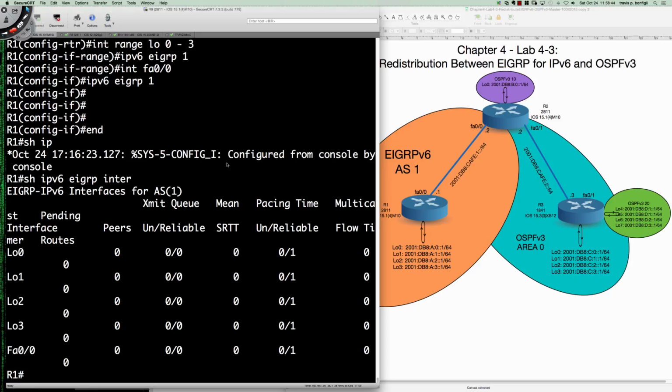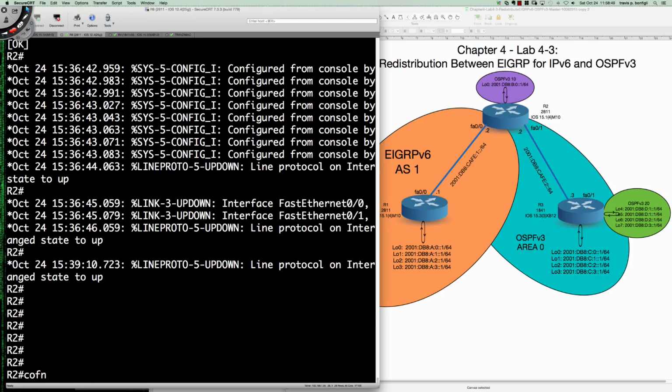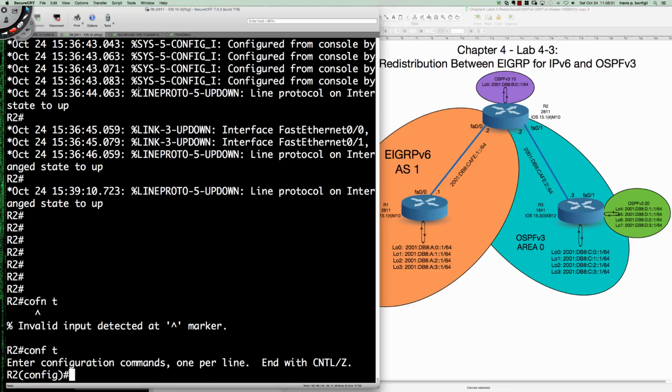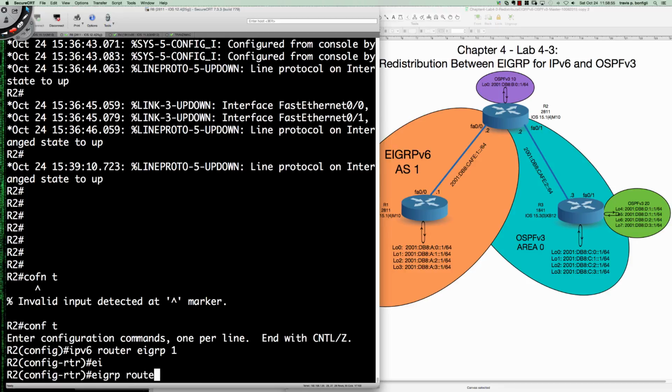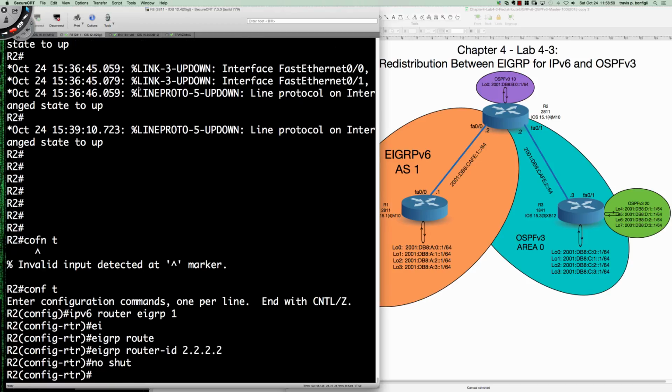And let's go ahead now and jump over to router 2, which is also a 2811 router. So we'll go from privilege exec into global config, we'll say IPv6 router EIGRP 1. Let's set our router ID up to 2.2.2.2. I'll type the no shutdown command again. That would be if the EIGRP process was shut down. However, remember, it is not.